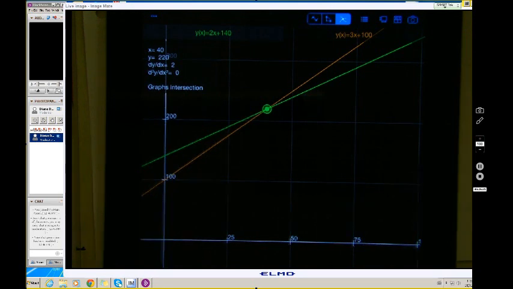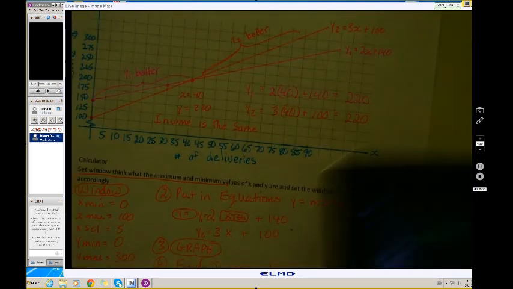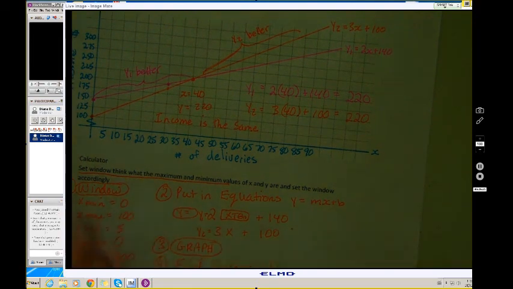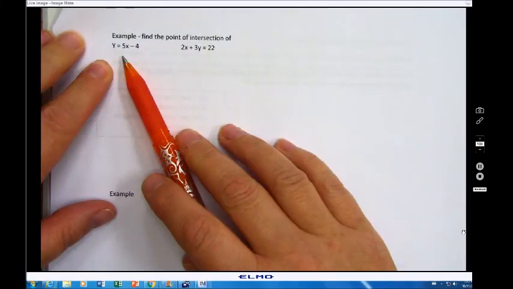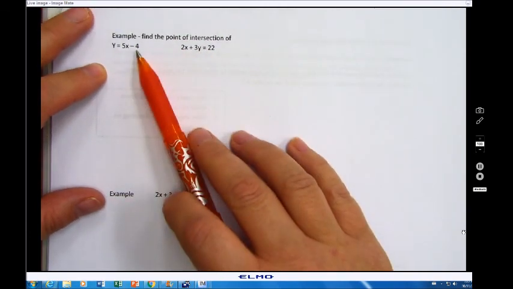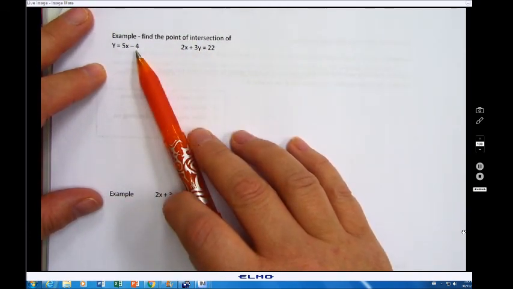Alright. Don't really have to take notes on that one. It's fairly easy. Alright. So, let's try these on the back here. Here we want to find the intersection points of these two equations.